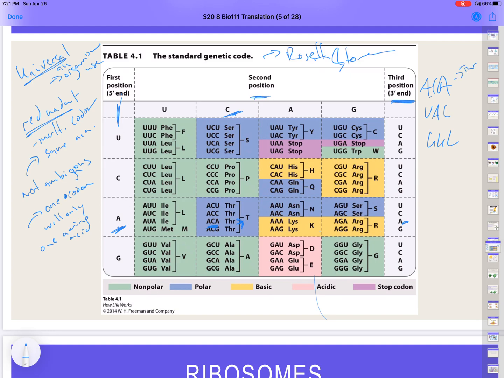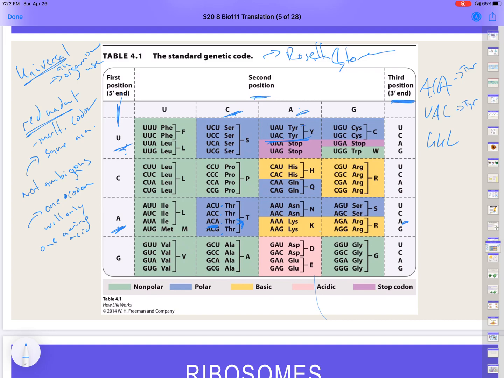But note, there are other ways to get to threonine. ACU, ACC, ACA, and ACG will always give the same amino acid. UAC, start with U, then go to A, and then C, so UAC, it's always going to be a tyrosine.